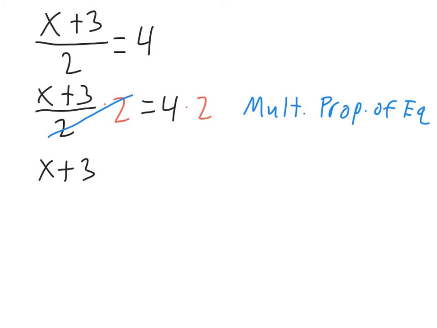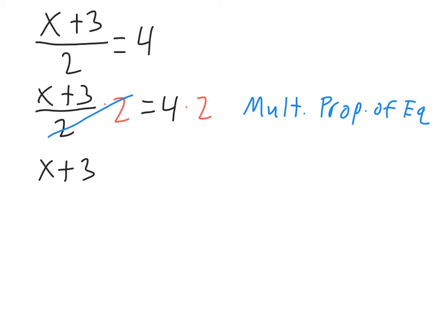The most common mistake I see people make with this is they still multiply the top by 2. But we're not. All we're doing is multiplying by 2 so we can cancel out this 2 to leave what's left. So this is just x plus 3.